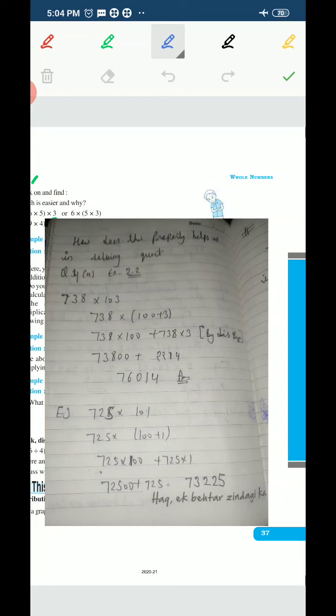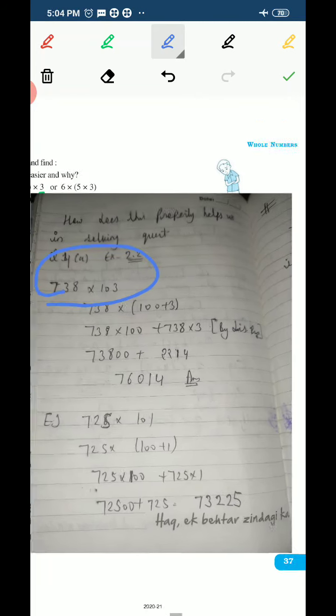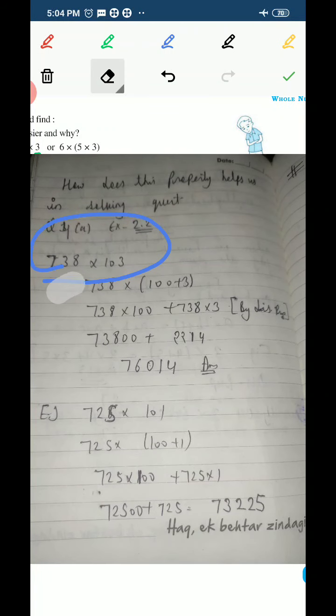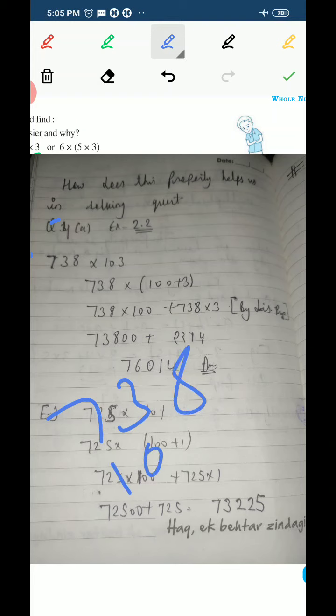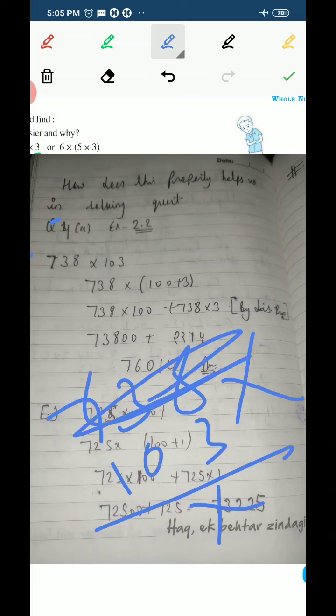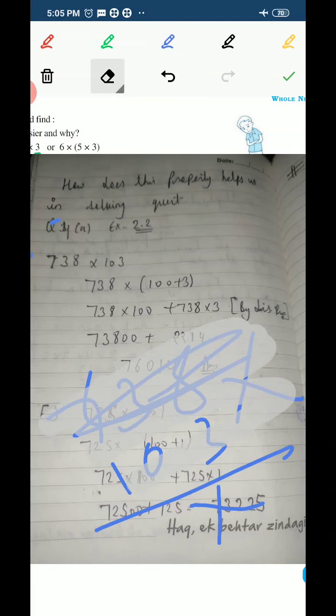In this question they have given us 738 and 103, and we have to multiply them. We are not going to multiply with the long process as we used to do. We will multiply this with the help of the distributive property of multiplication over addition.